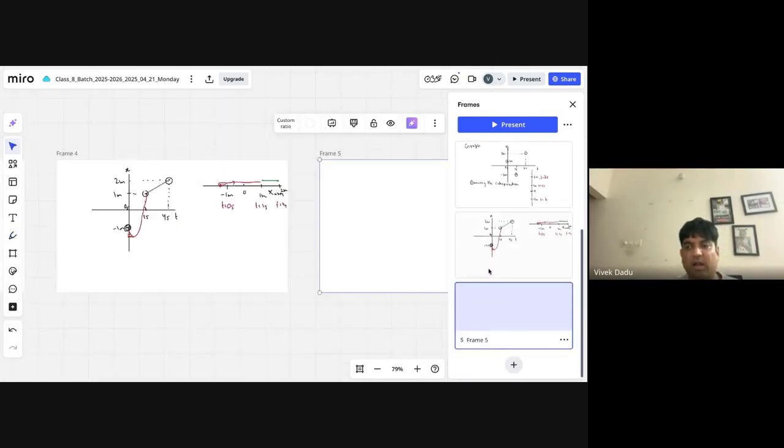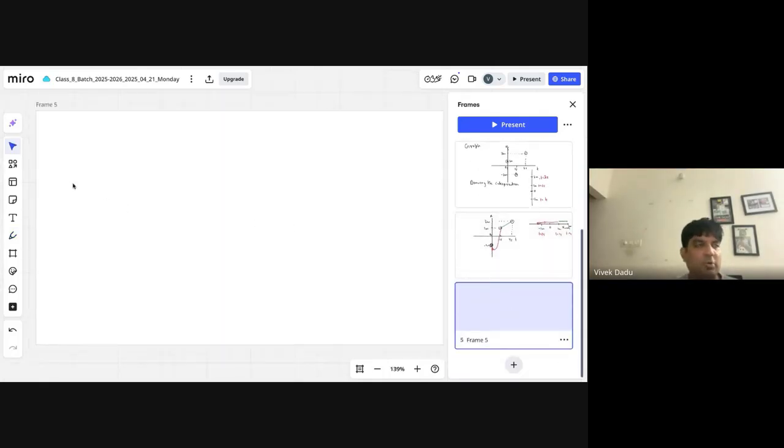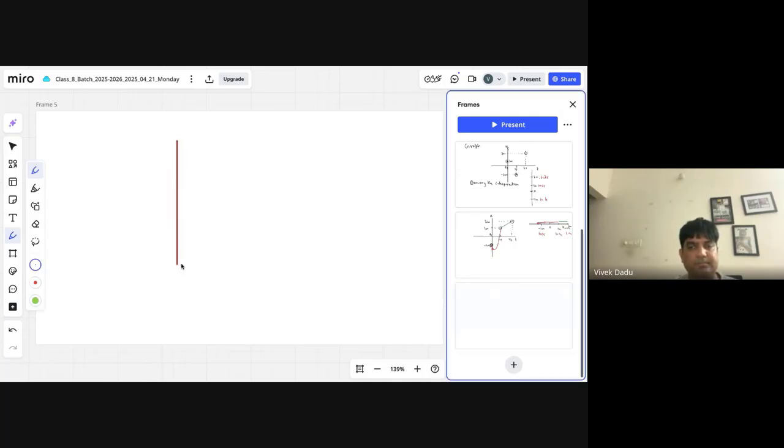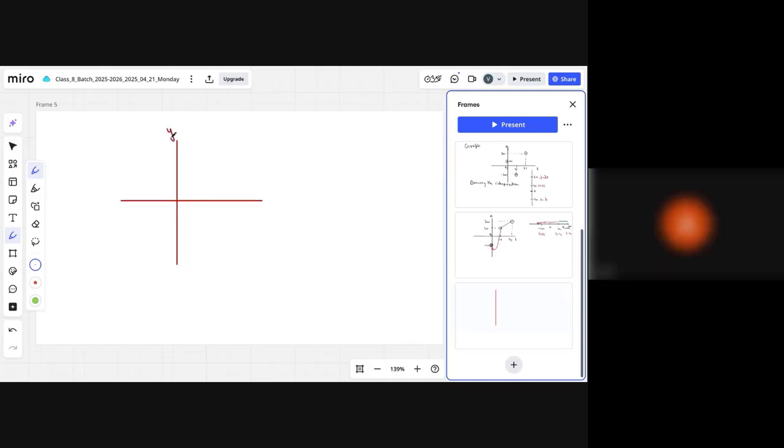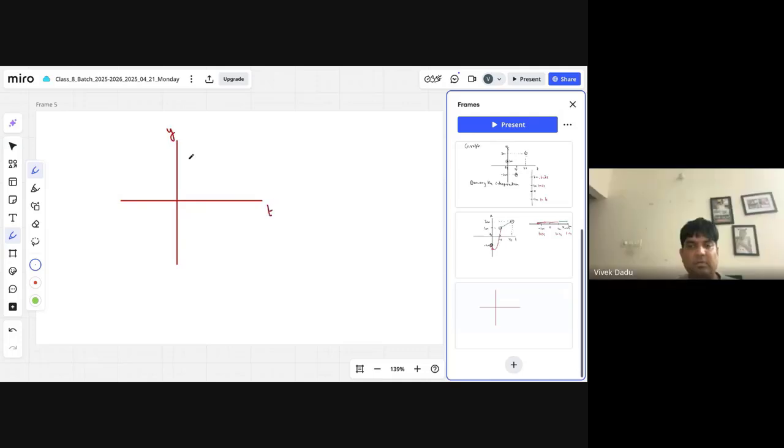Okay. Now I am drawing the graph. You guys, in your notebooks only, not in graph paper. You have to draw the interpretation. Sir, only in the notebook? Yes. Sorry.